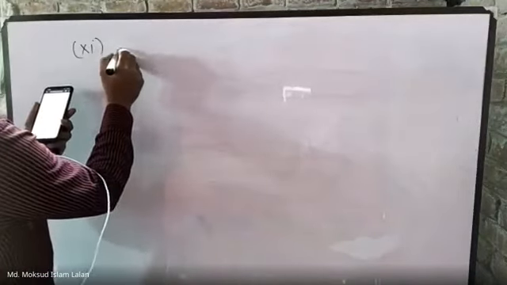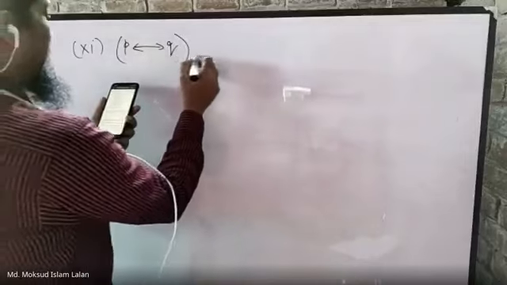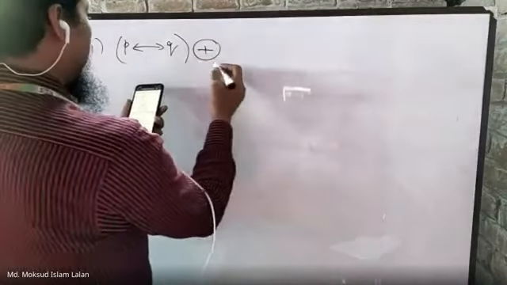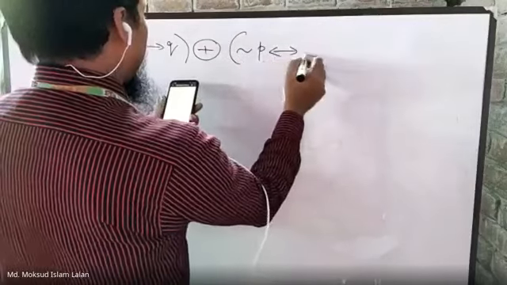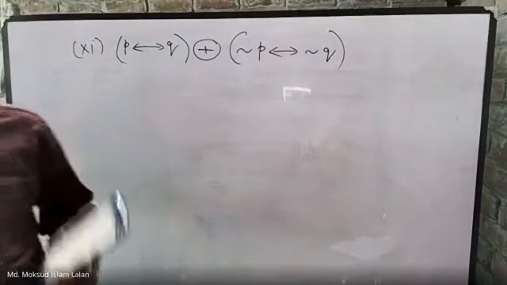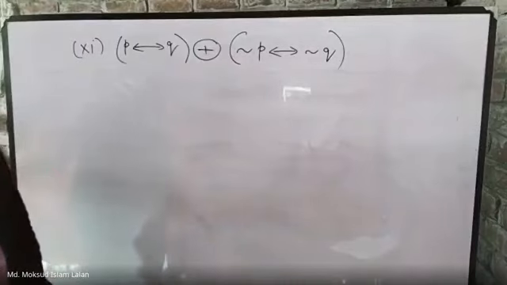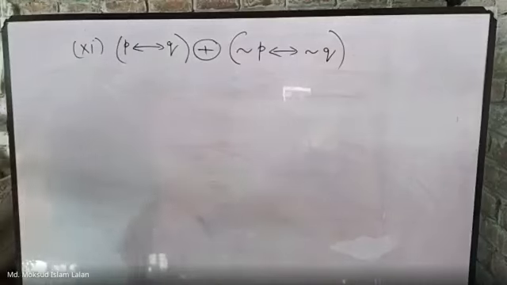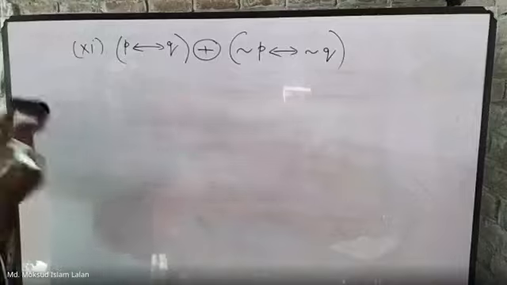We have to construct the truth table. 11 is P biconditional Q exclusive OR negation of P biconditional negation of Q, right? Is it like this, Sabrina? Yes, sir. Could you please try? Other students, can you try this?